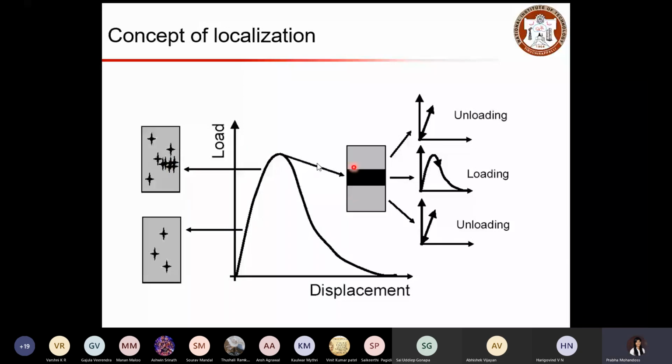And after this peak, you can see complete cracking at this region. The crack has propagated and those cracks got connected. And then with further increasing load, your concrete cannot take load. You can start seeing this drop in load after the peak, until the point the member cannot take load. So when your member fails completely, then your load becomes zero.